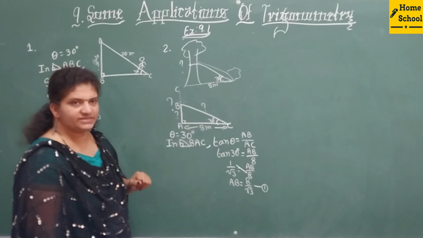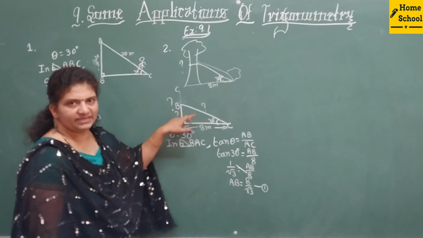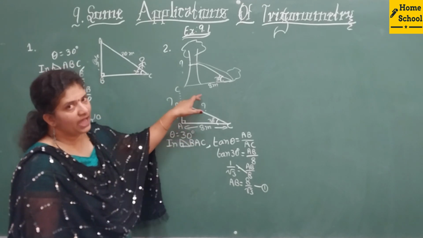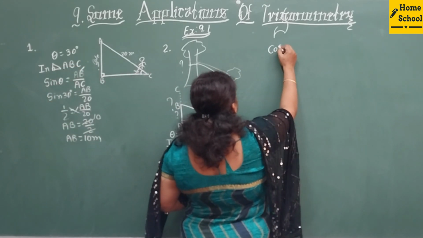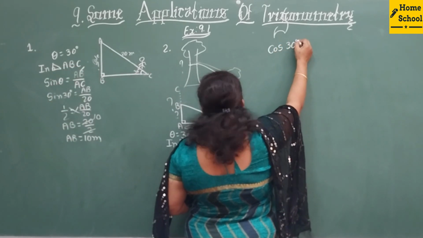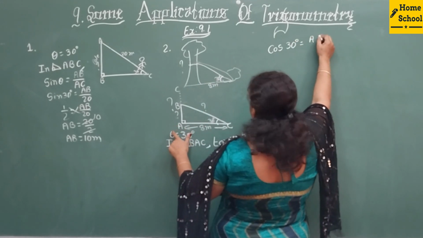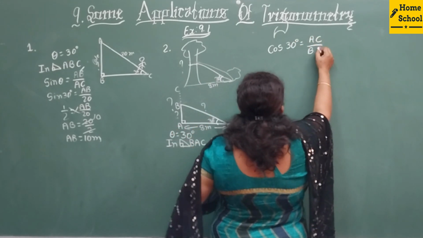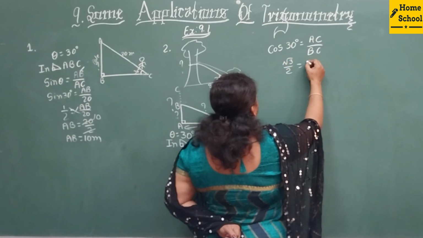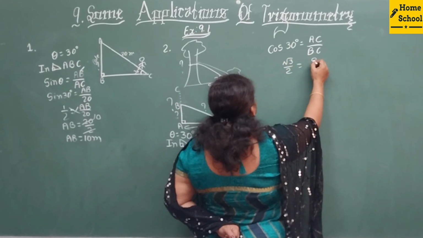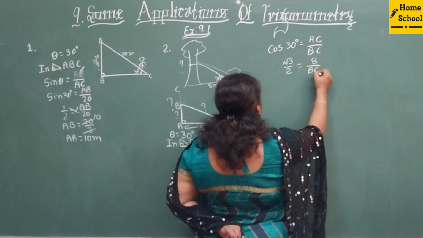Next find BC. BC with AC, that means adjacent and hypotenuse. Which ratio? Cos. Cos 30 degree is equal to adjacent AC by BC. Cos 30 value is root 3 by 2 is equal to AC value is 8 by BC.